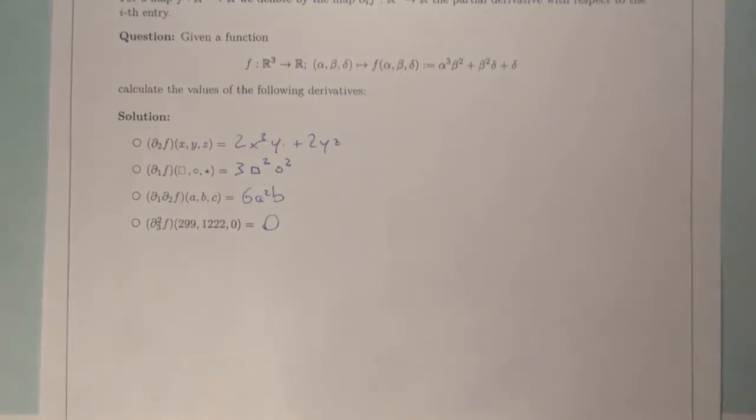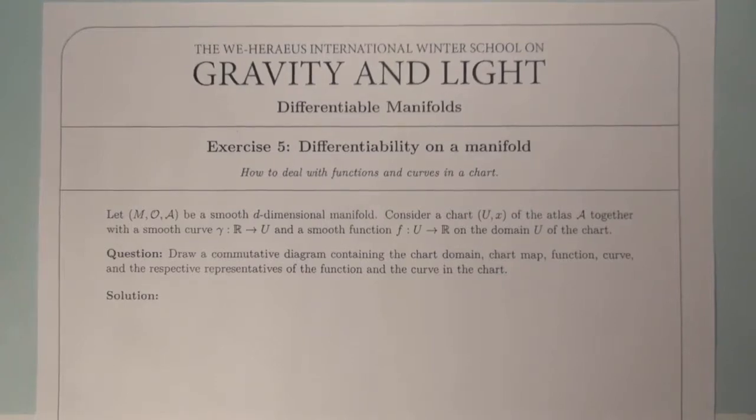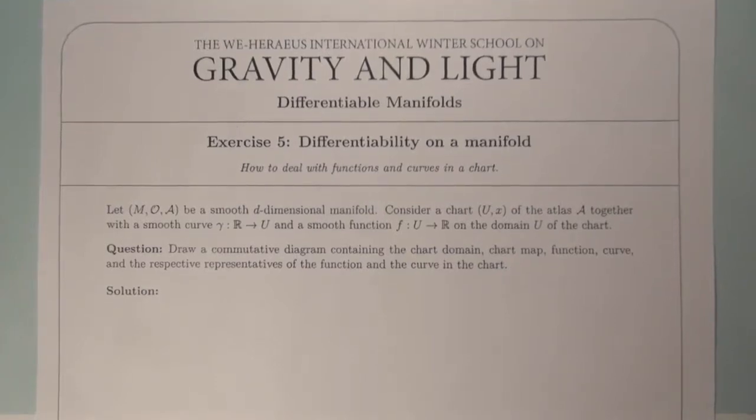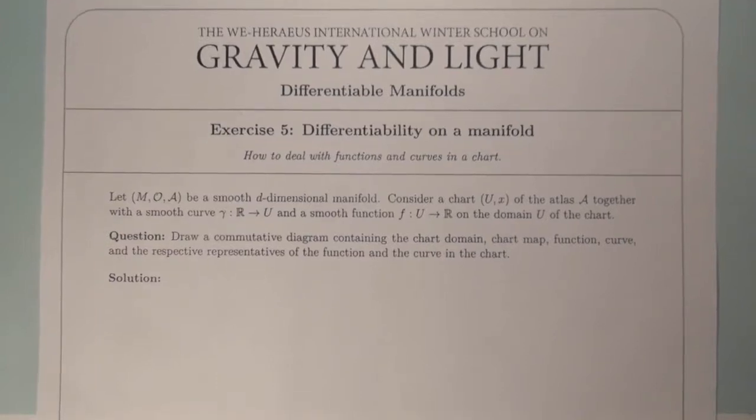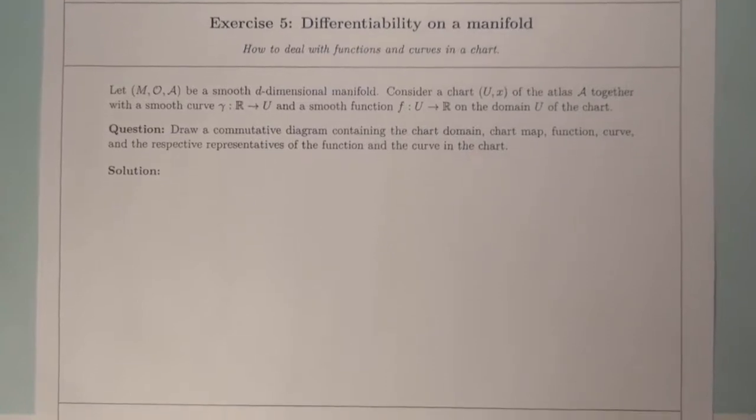So that's it for partial differentiation, and we will apply this in exercise 5. Last exercise for today, for this tutorial, and it's exercise 5 on differentiability on a manifold. The subtitle is how to deal with functions and curves in a chart, and we will draw diagrams here, or one big diagram, and this is a really important thing because visualizing these maps always helps.